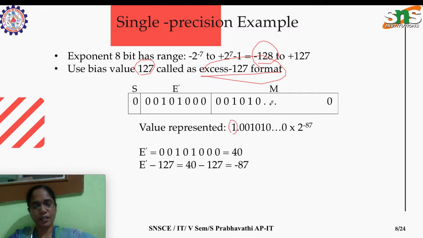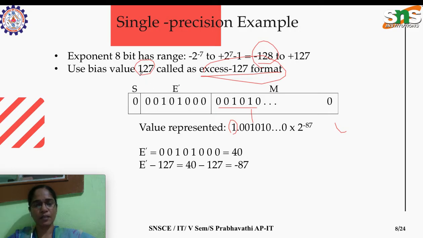Before the binary point it is always 1, followed by the mantissa. How many bits is the mantissa in single precision? Yes, 23 bits, into 2 to the power e dash minus 127.